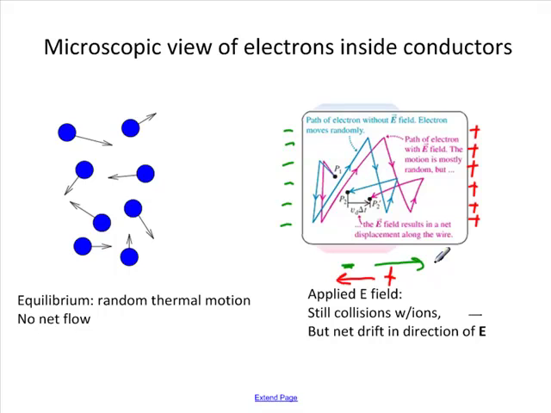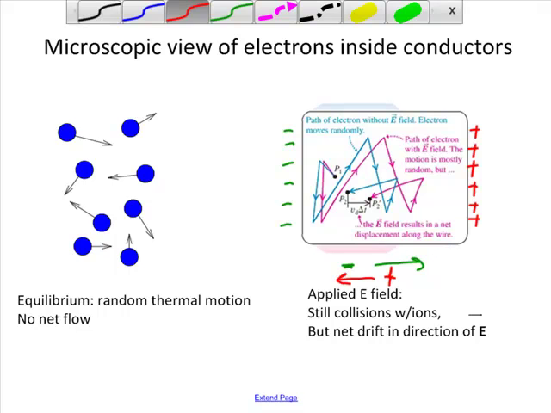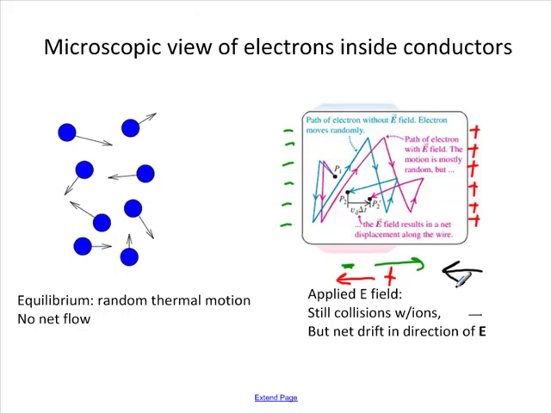And in either case, we say that this is a current moving to the left, away from the positives towards the negatives. It could be negative charges moving right, it could be positive charges moving left.